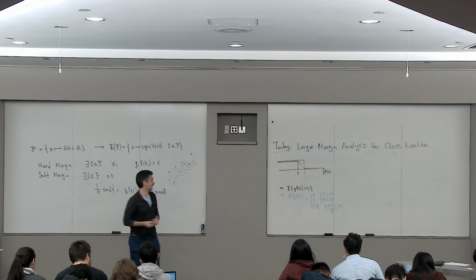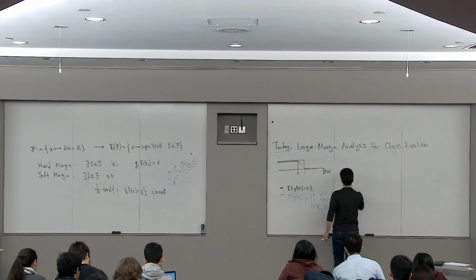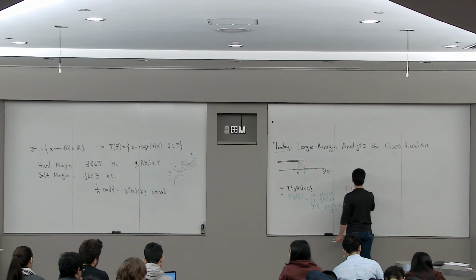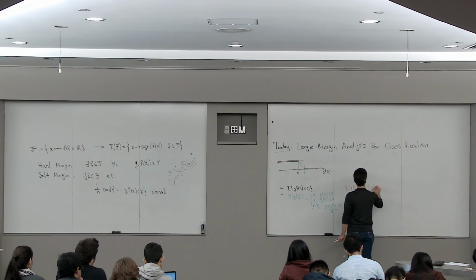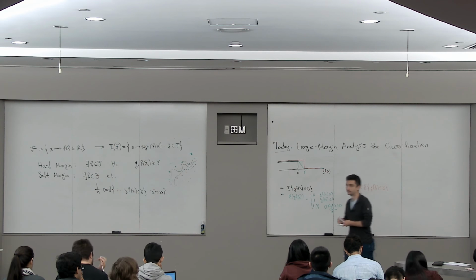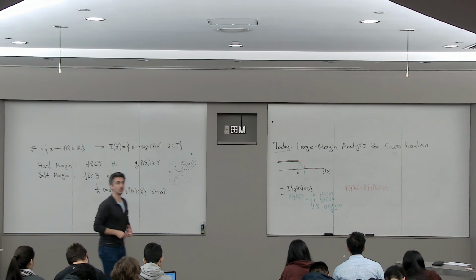And that I'm going to call psi of y f of x to be the indicator that y f of x is less than gamma. Okay?